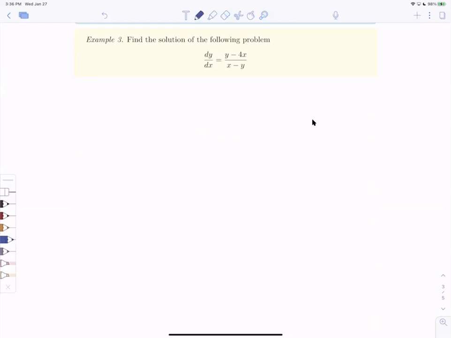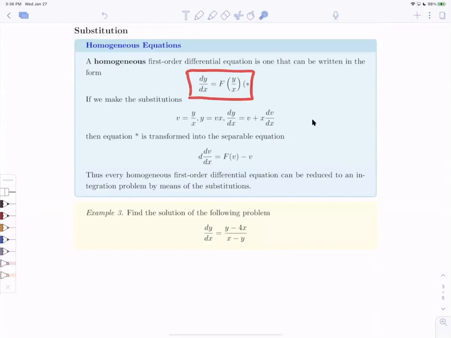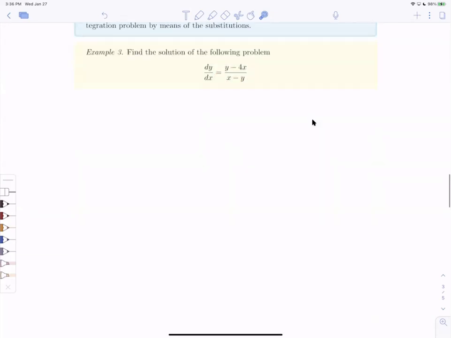All right. So what we need to do is first write it as a function of y over x, because remember you want it to be a function of y over x, and then you can substitute y over x with v or u or whatever you want. So I want to do that. What I'm going to do is dy over dx equals, I'm going to divide by x on both sides.